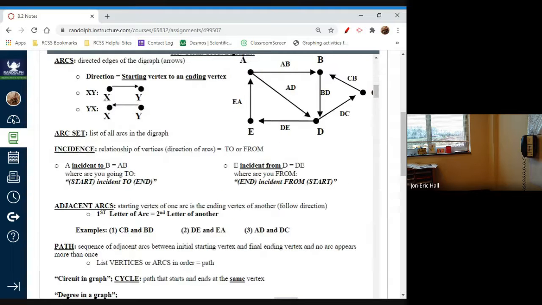So how many out degrees does A have? 2. It has 1 in degree, right? So 2 out degrees, 1 in degree. D has 2 in degrees, 2 out degrees. B has 2 in degrees, 1 out degree.